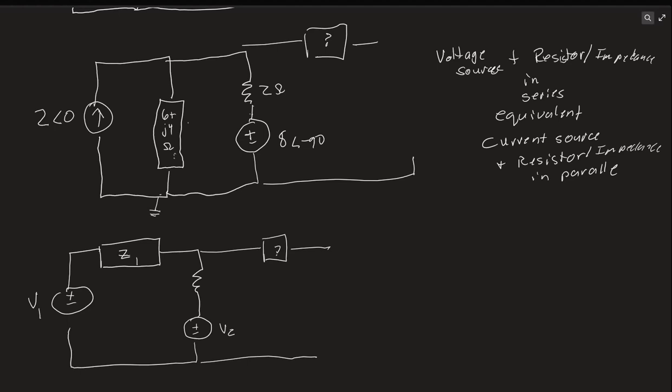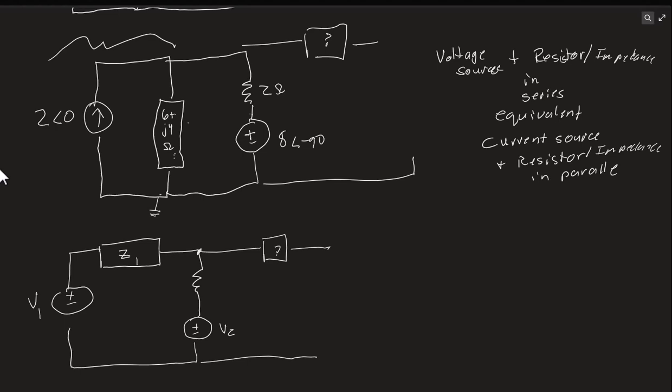And I don't really like that, because then I still would have this point here where I would have to do some voltage division or something. So this would be transforming these two to a voltage source and an impedance.